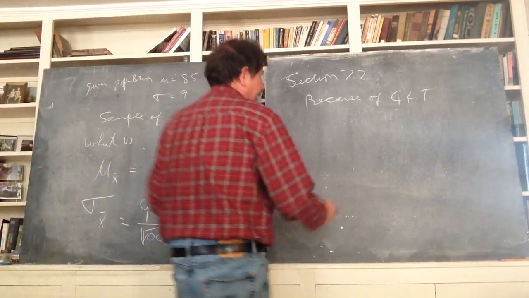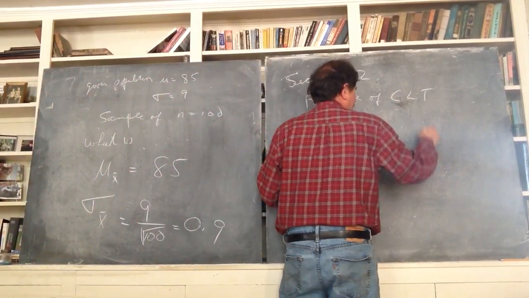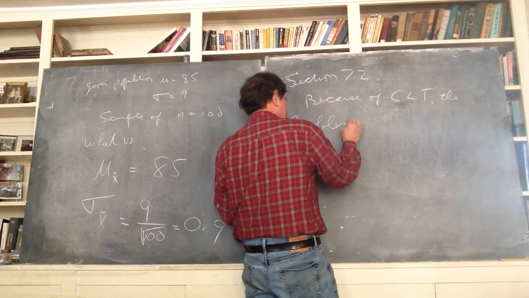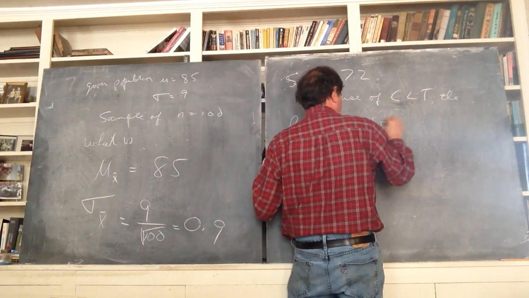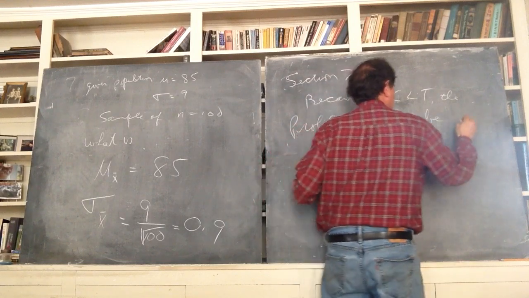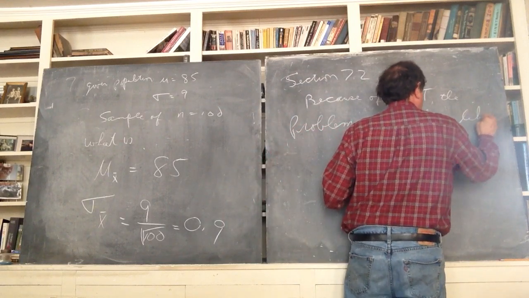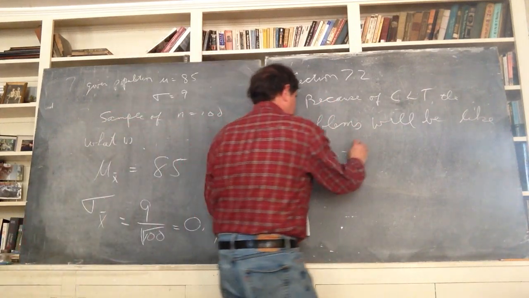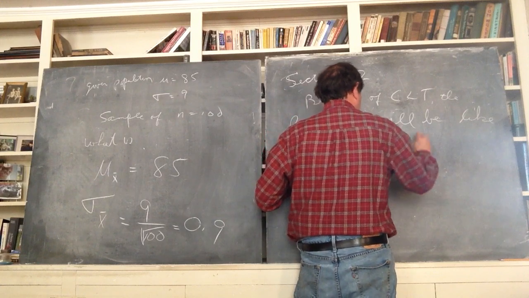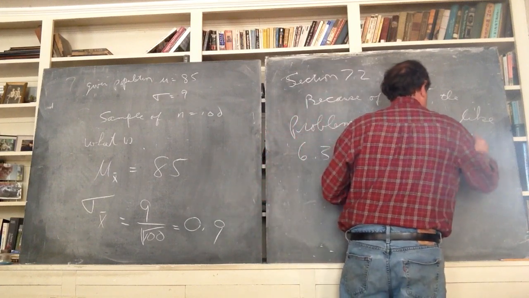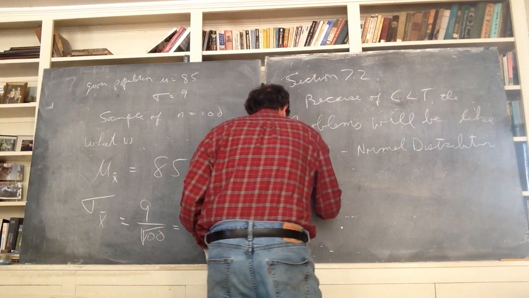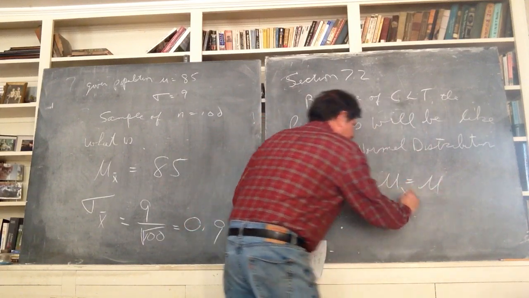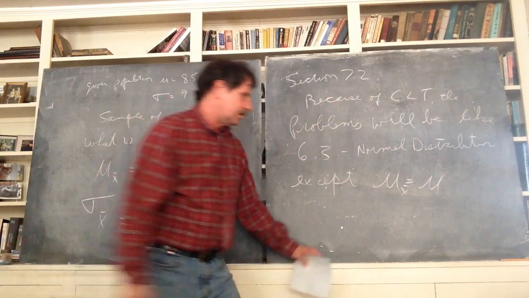Because of the central limit theorem, the problems will be just like section 6.3, normal distributions, except the sampling distribution standard deviation is different.